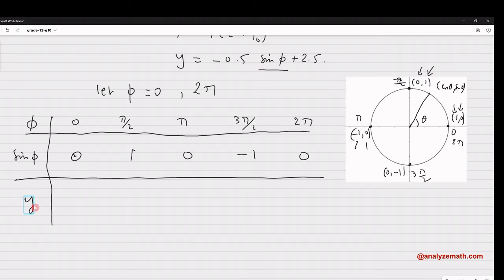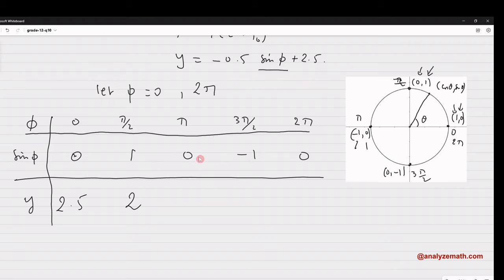We now go and find y. y is equal to negative 0.5 sine phi plus 2.5. So when sine phi is equal to 0, put 0 here. That gives you 2.5. When phi equals pi over 2, sine phi equals 1, put 1 here: negative 0.5 times 1 plus 2.5 gives you 2.